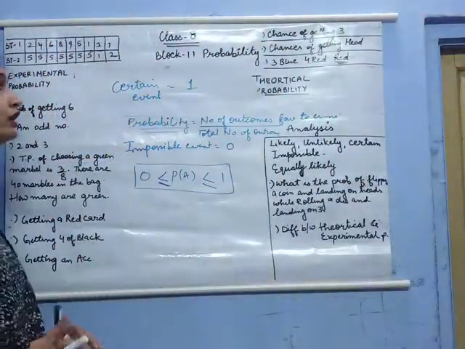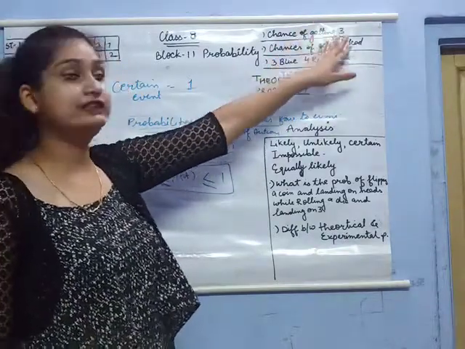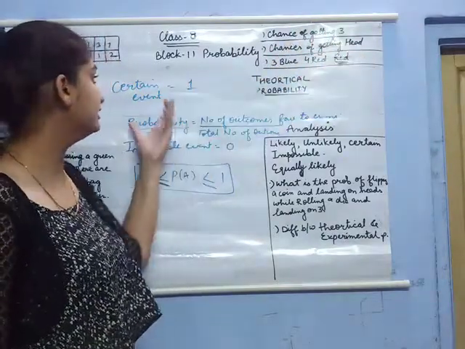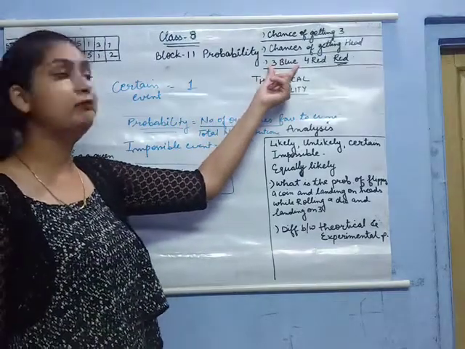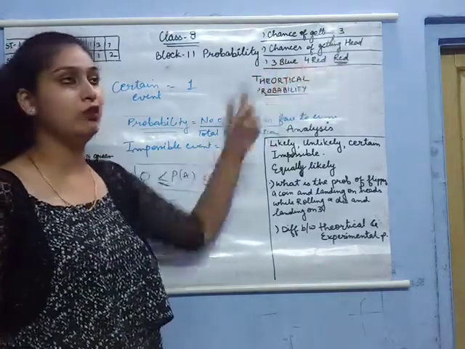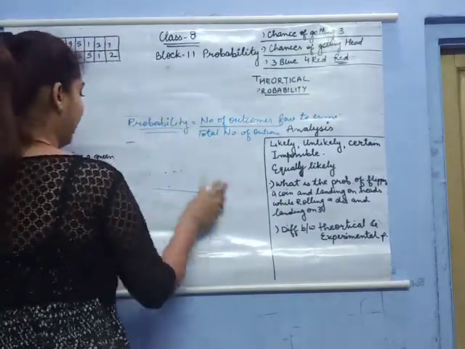Now, the chances of getting a head we have already discussed, and getting 3 out of the 6 events we have also discussed. Suppose in a bag there are 3 blue balls and 4 red balls.